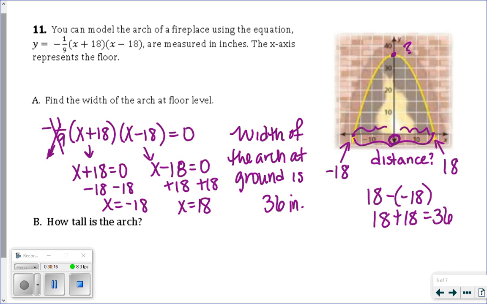We're not looking for the x-intercepts, because that y-intercept on that picture looks like it's the highest point. That's how tall this archway is going to be if I walk right through the middle of it. So now I'm going to hit this in reverse. Now we're looking to say, well, what would be the y value if x is 0? Because remember, when we're on the y-axis or at the y-intercept, it's always x is 0 there, right there in the middle.